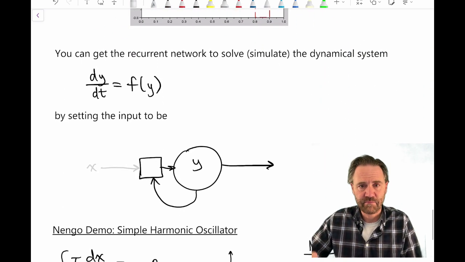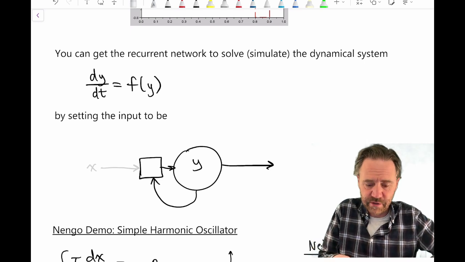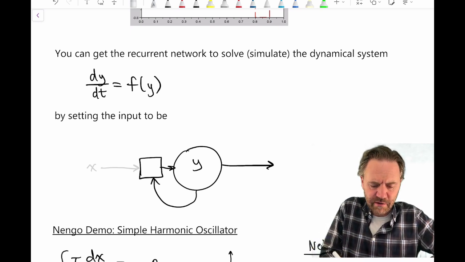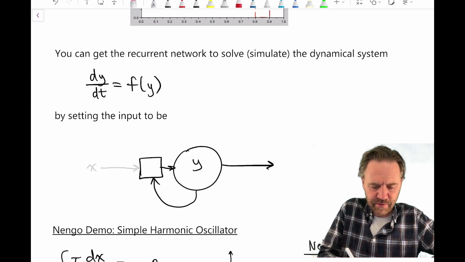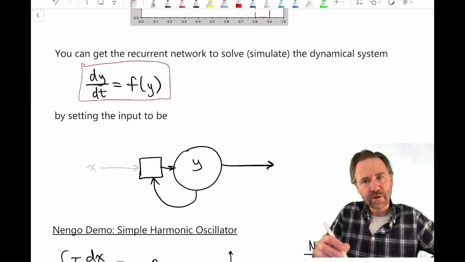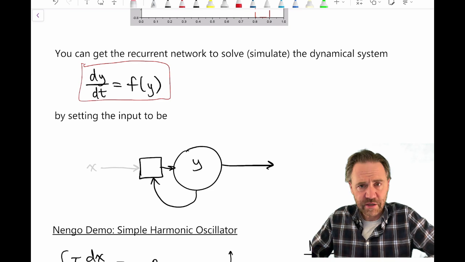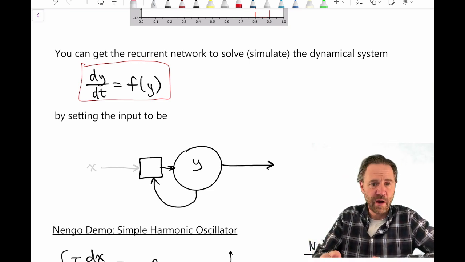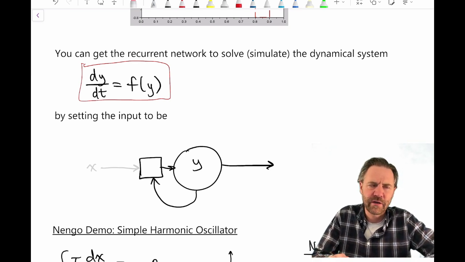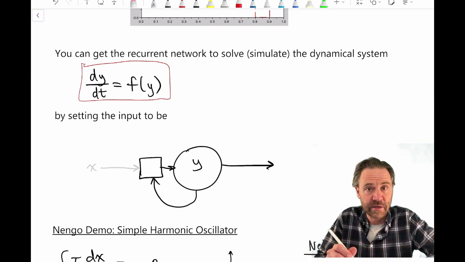Well, that's probably better if I just show this differential equation. The rate of change of Y depends on some function of Y. That's a differential equation. So F could be some sine function. If F of Y is a constant, then it's an integrator.